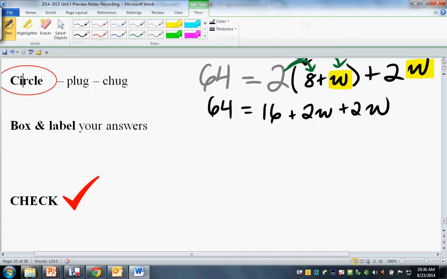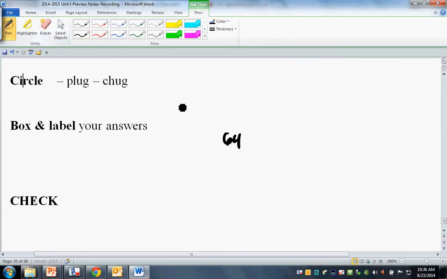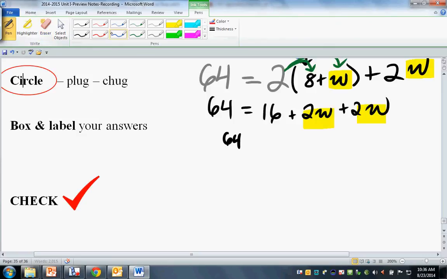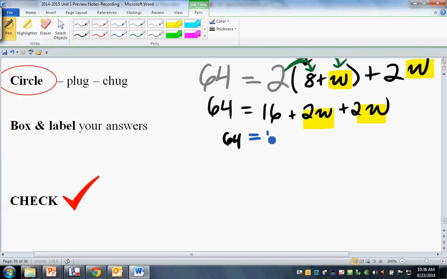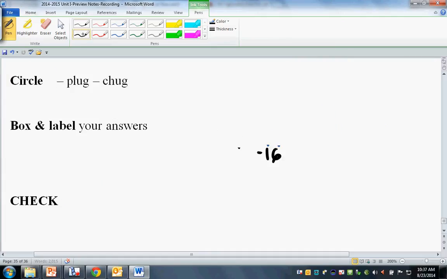Okay, let's collect like terms. We can collect these guys. So I have 64 equals 16 plus 4w. Minus 16 both sides.